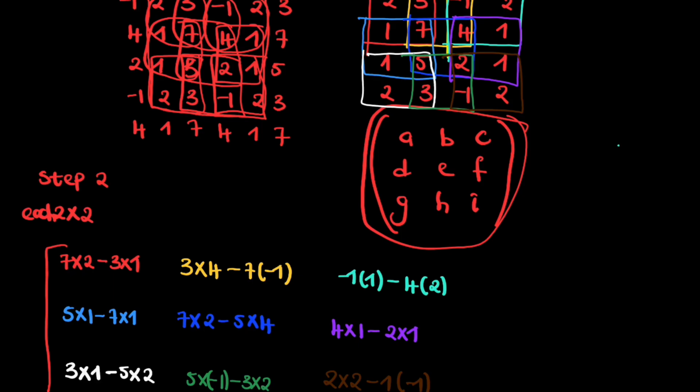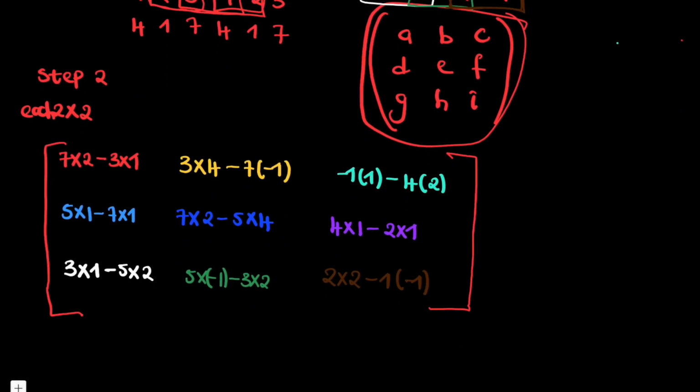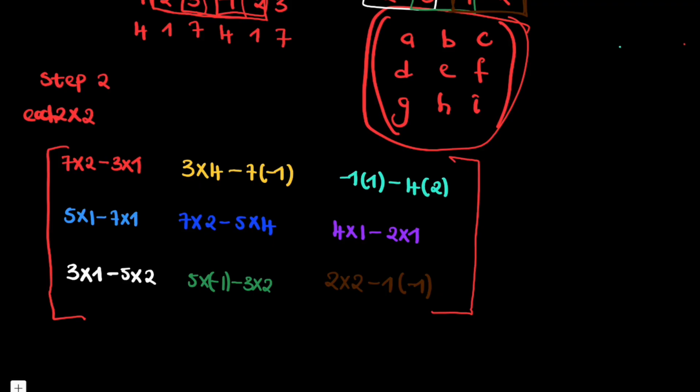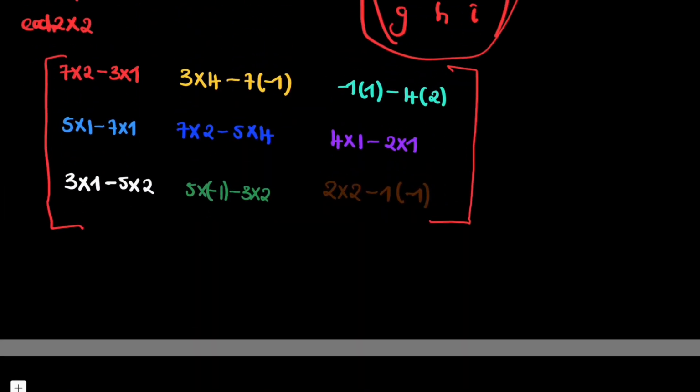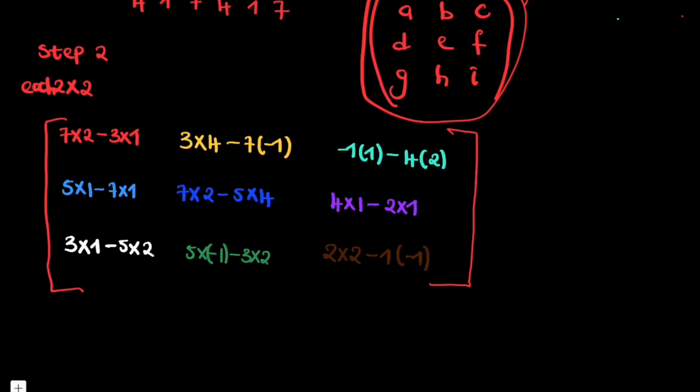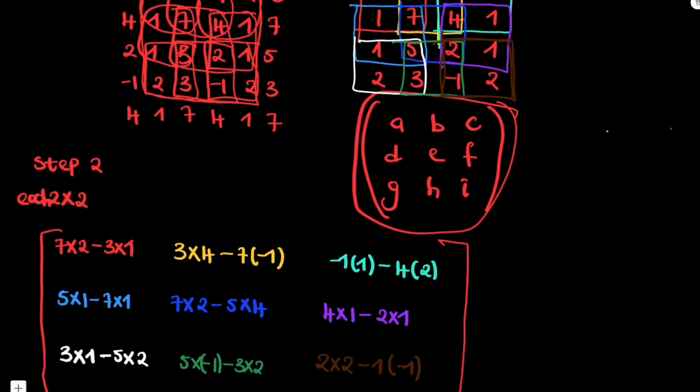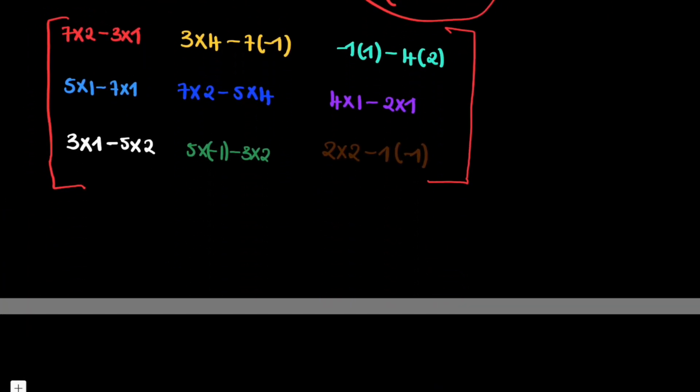So our I will be this. So H is this. So our I now will be that. So it's 2 times 2 minus 1 times minus 1. Okay, so this is what we have now. So I'll just put them in different colors, not to show you guys which 2 by 2 we are taking and at what time.